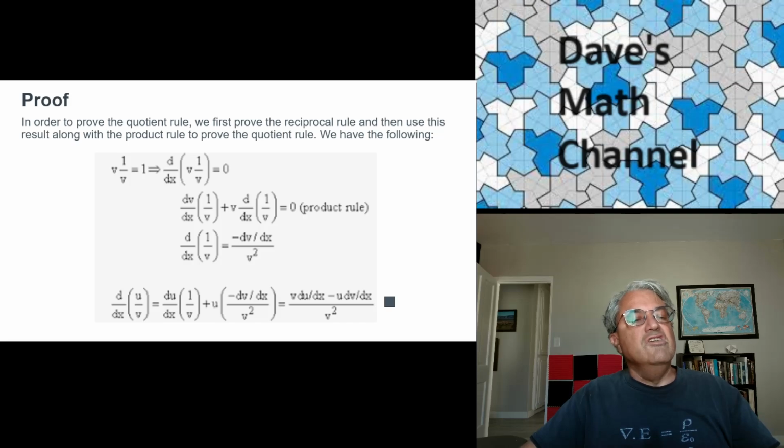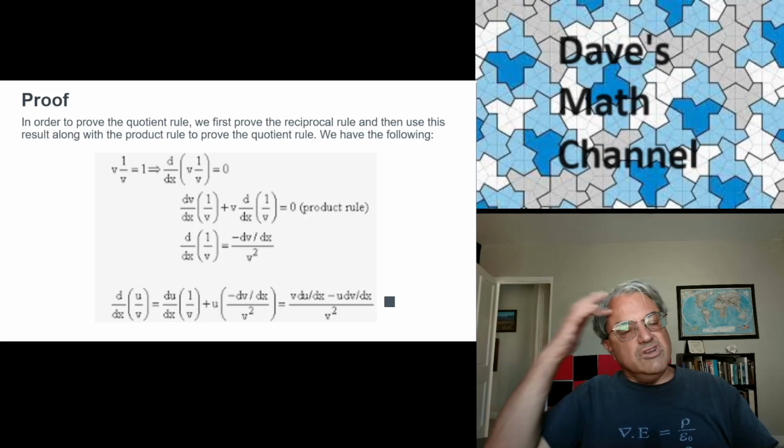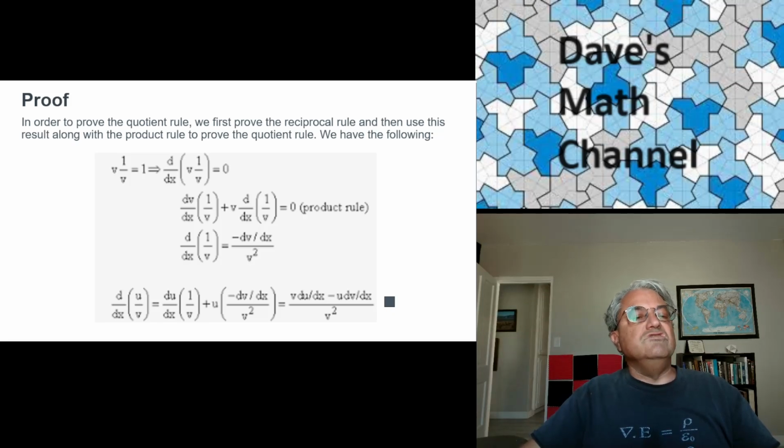Now, finally, we're going to use the product rule one more time, because now we can think of u over v as u times 1 over v. So now we can apply the product rule to that.